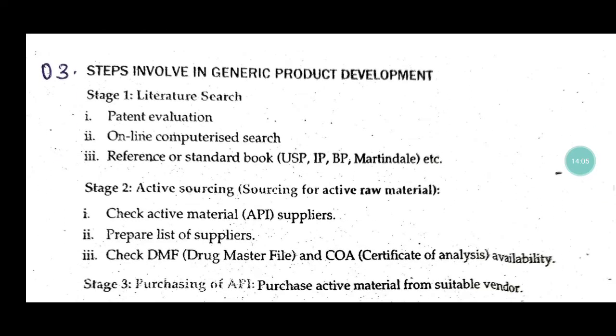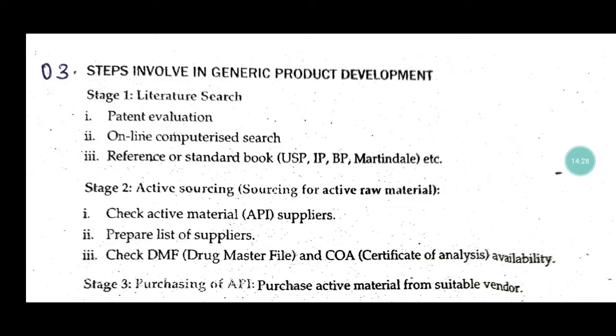Where the question number 3 or the next question is steps involved in generic product development. So explain the stages in the development of generic product. There are 12 stages for the development of generic product formulations.